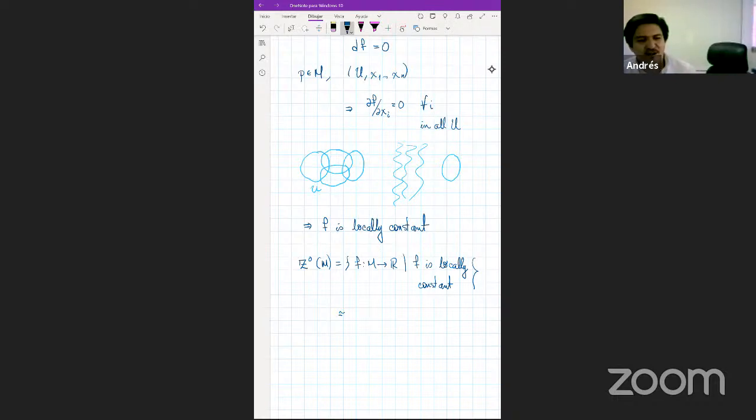The set of all functions on M that are locally constant is like this only, or does each number determine a locally constant function on M?